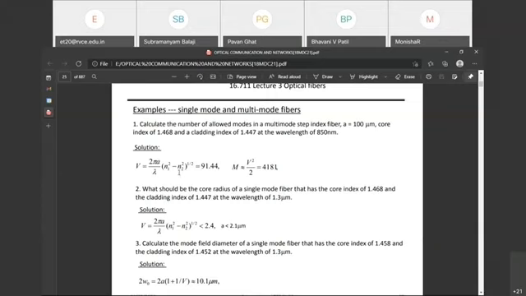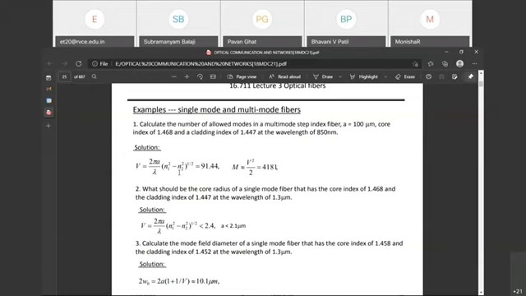Here, n1 square minus n2 square divided by either n1 square or n2 square is called delta, the fractional difference in refractive indices. So root 2 delta is your numerical aperture.